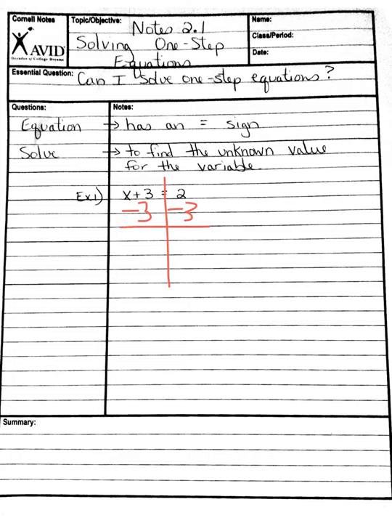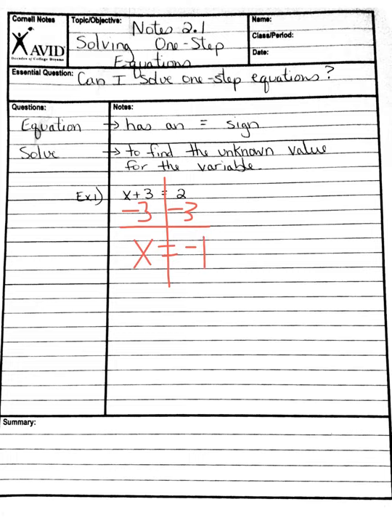Whatever we do to one side, we have to do to the other to keep the equation balanced. And so here we just have x equals, and 2 take away 3 is a negative 1.